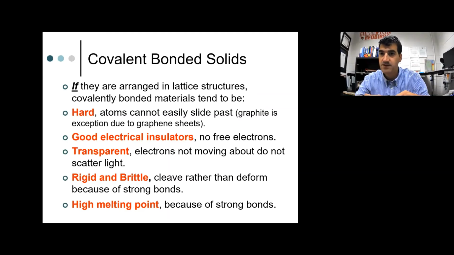So I won't belabor the point. If the covalent bonds don't form lattice structures, like the hydrocarbons or the DNA or thousands and thousands of other examples, then we can't really make any generalizations other than to say that the individual bonds are pretty strong.